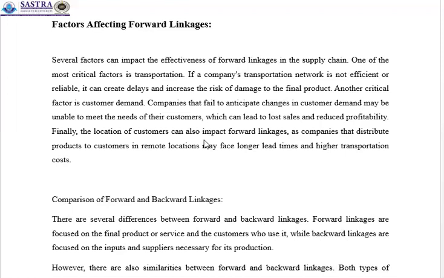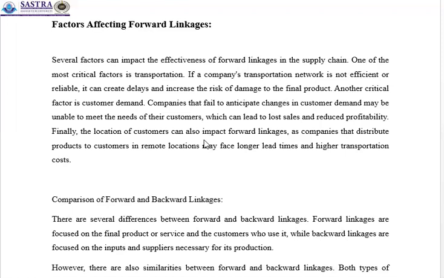When there is demand in the market, the manufacturer should keep stock ready, and they have to supply it immediately.